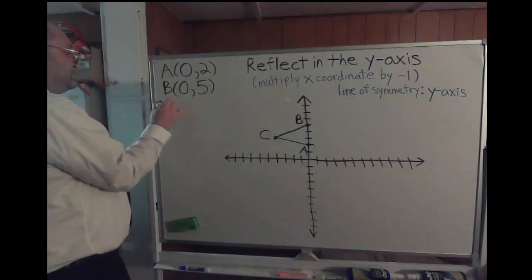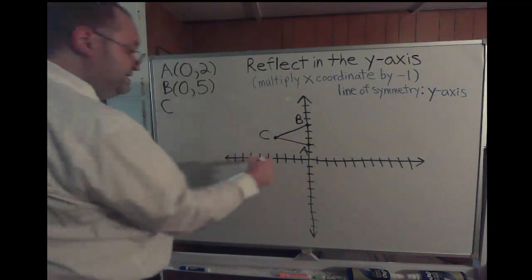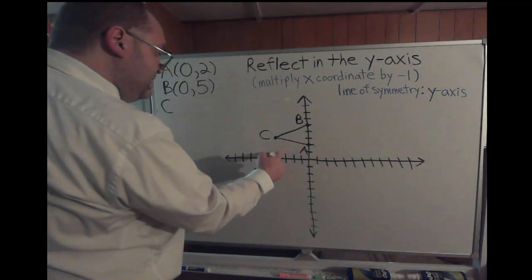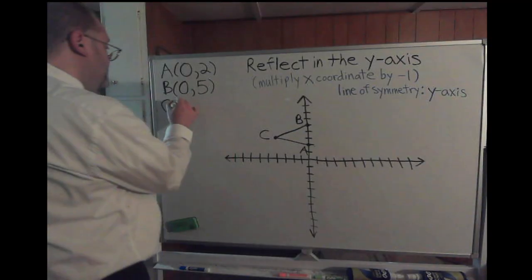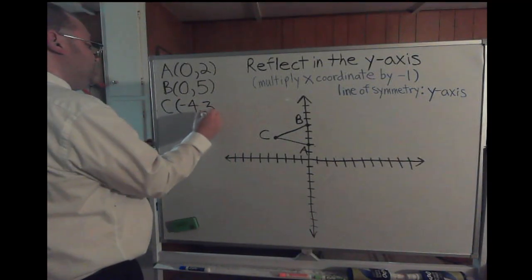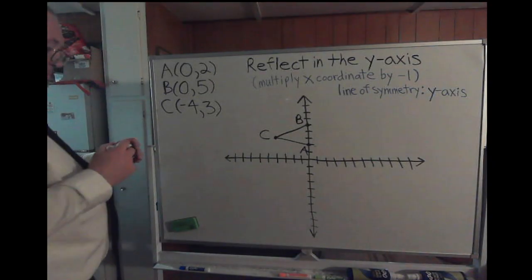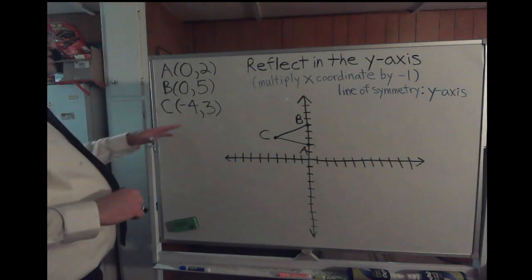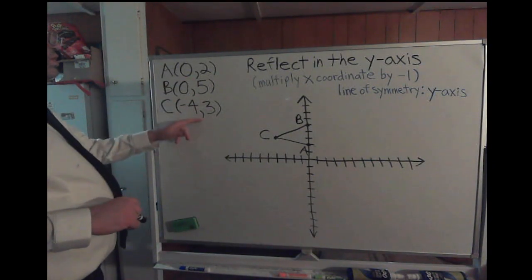And then coordinate C is at negative 4, 3. Alright, so we've identified our original coordinates.